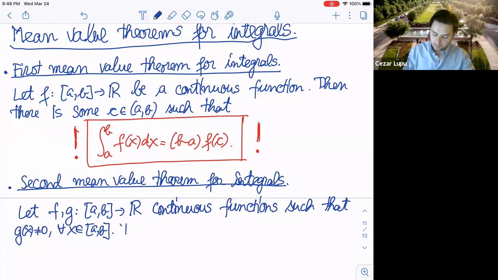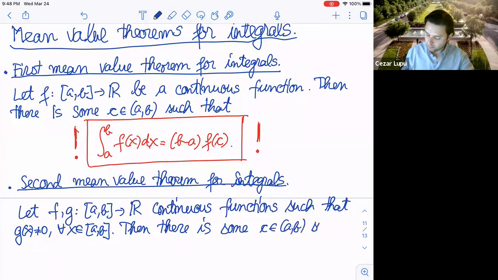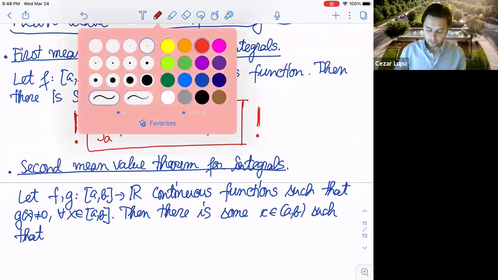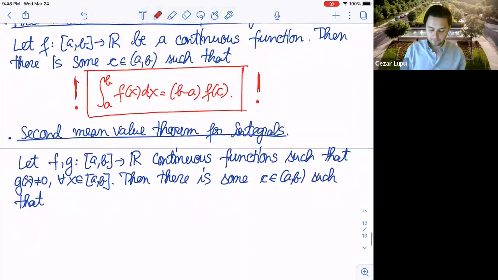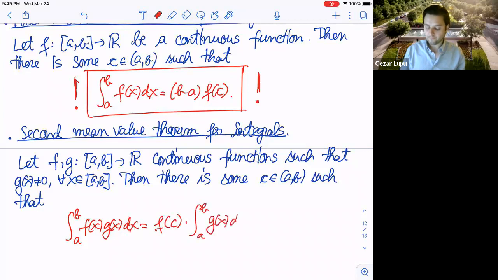Then there is some c in [a, b] such that the integral from a to b of f(x) times g(x) dx is f(c) times the integral from a to b of g(x) dx.